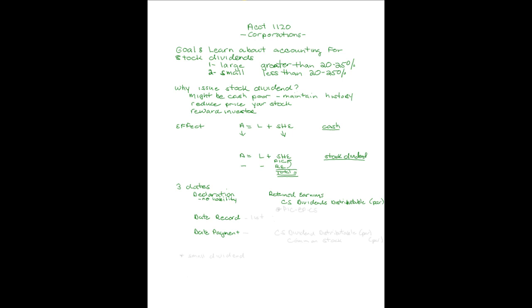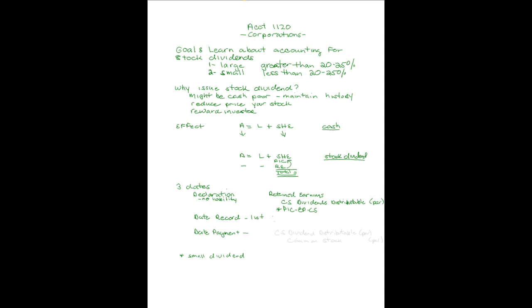If it's a small dividend, you might have paid-in capital in excess of par, common stock, but that's only if it's a small dividend. A large dividend won't have that. I point that out now, and I'll show you more about that later. On the date of record, you make the list, and that's it. There is no journal entry. You make a list of who's going to get it.